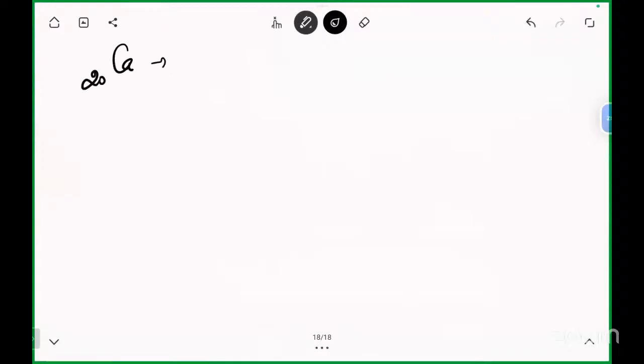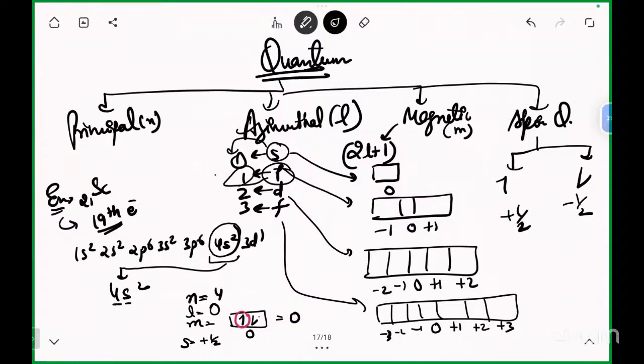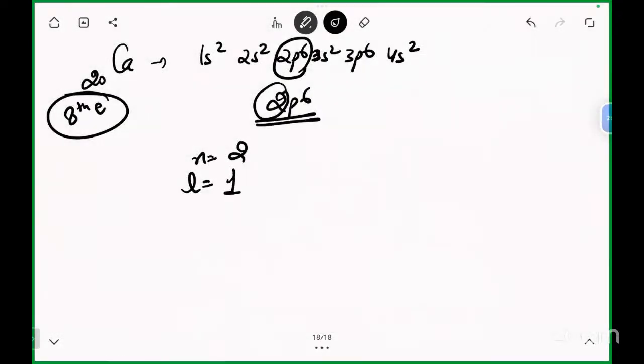Take the 20 electron configuration 1s2 2s2 2p6 3s2 3p6 4s2. Where is the 8th electron? It is in 2p, 2p6. The value of n is 2, and for p, l will be 1. For m it is 0 plus 1 minus 1.